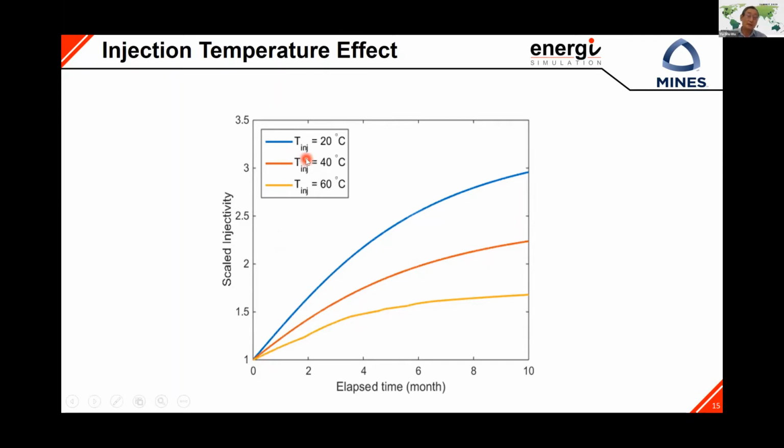Here, look at the injection temperature. We try 20 degrees C CO2 at the injector, and 40 degrees C or 60 degrees C. Look at the injectivity: for 40 degrees C CO2, injectivity increased by a factor of 2. If 20 degree CO2 is injected, injectivity increased by almost a factor of 3, right?